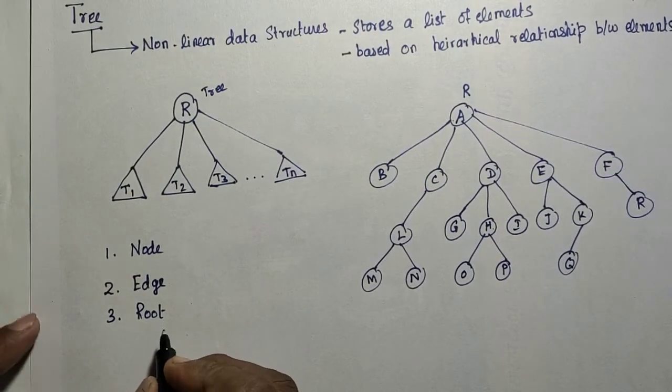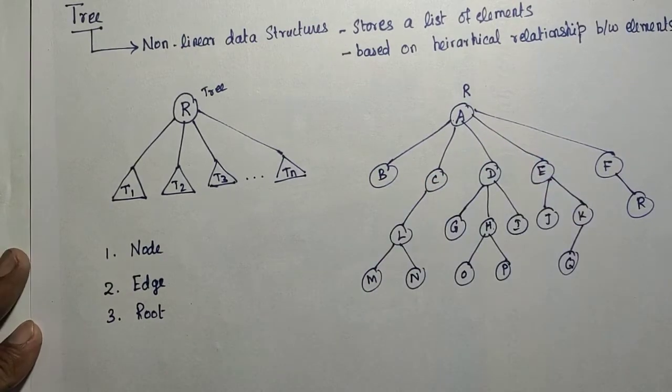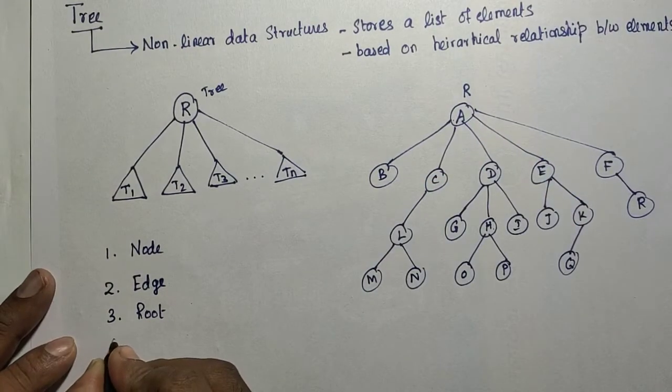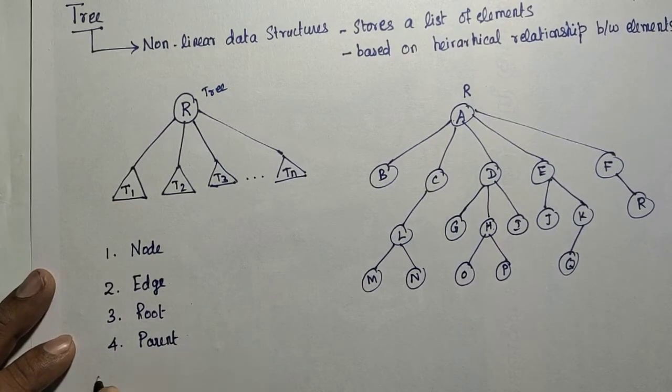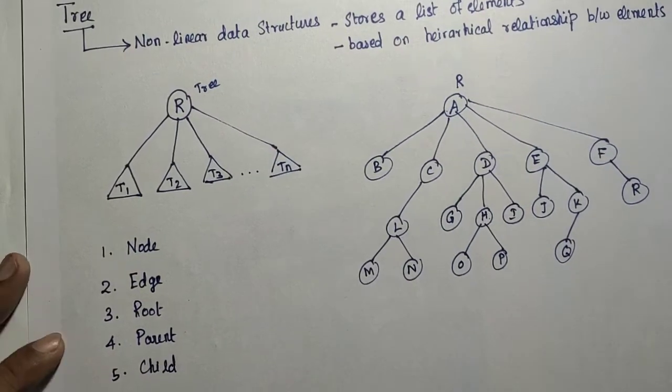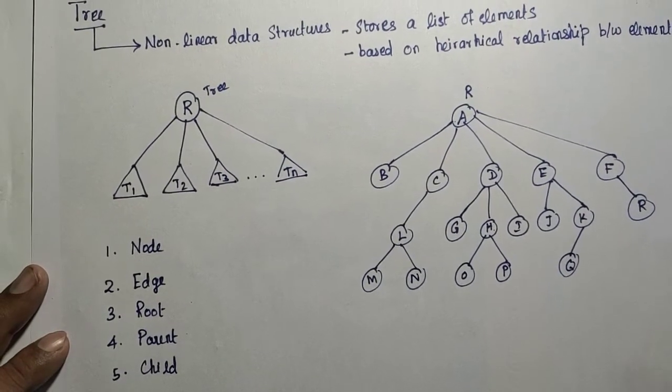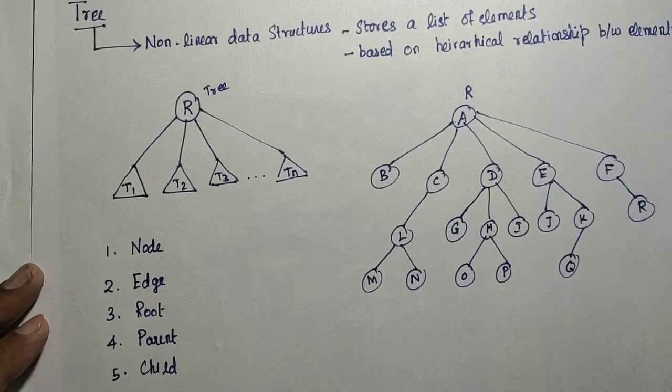Root is a special node, which is nothing but the first node in the tree. And then the relationship: parent and child. Every element has a relationship, either parent or child.